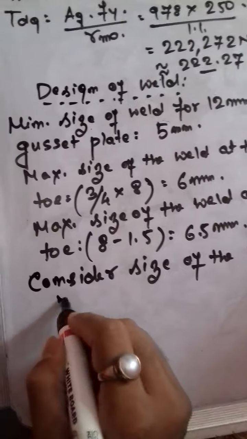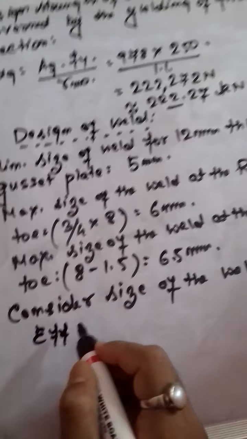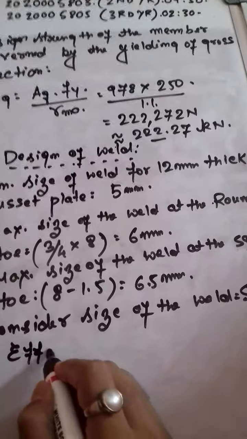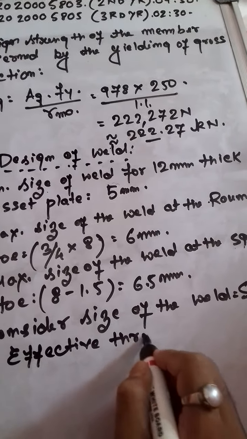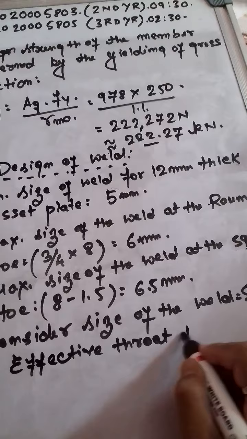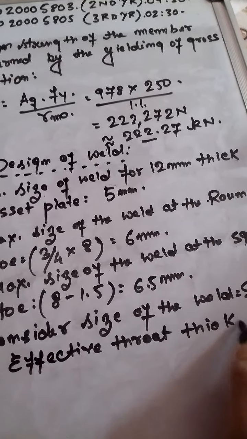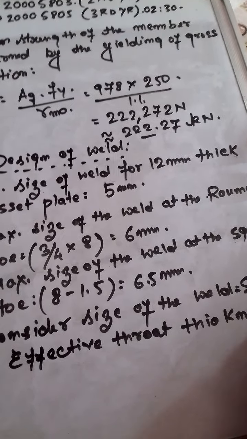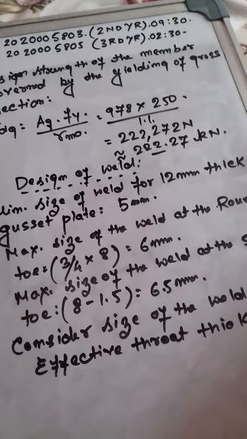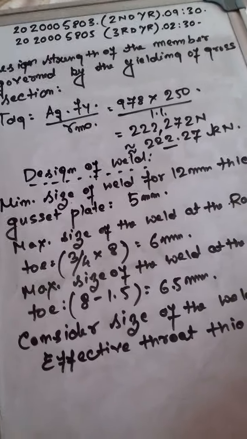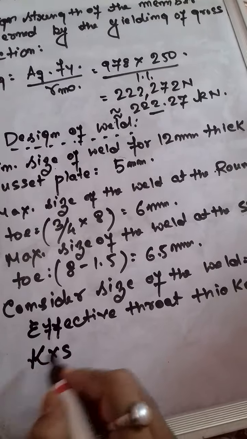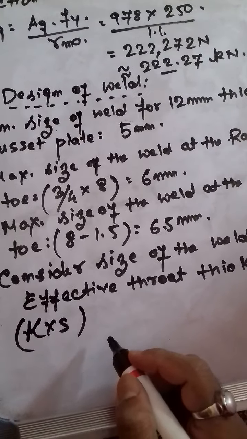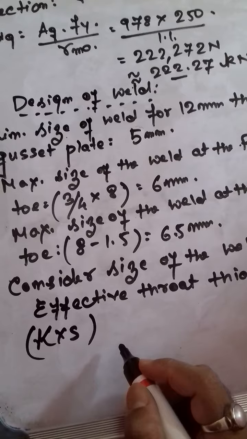Okay, now consider the effective throat thickness. We know it is equal to K into S, where K is a constant which depends on the angle between the fusion faces.